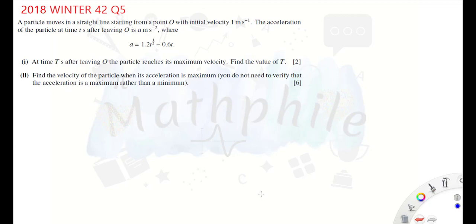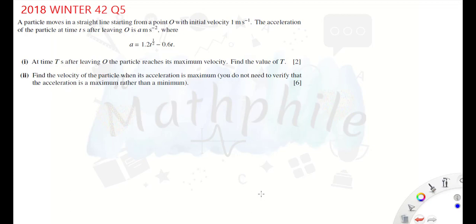A particle moves in a straight line from point O with initial velocity 1 meter per second. The acceleration of the particle at time t seconds after leaving O is a meters per second squared, where a is equal to 1.2 t raised to the power 1 over 2 minus 0.6 t. (i) At time t seconds after leaving O, the particle reaches its maximum velocity.